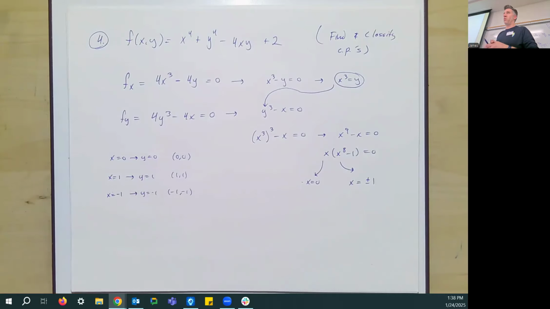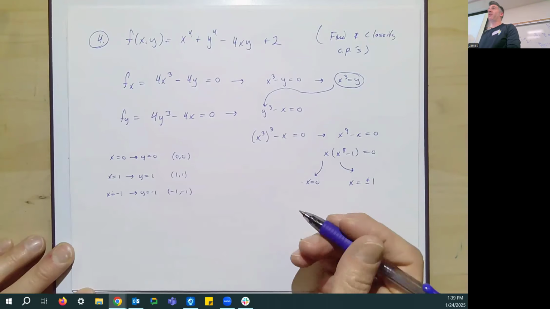When that's true, which you might think is a special case, but it really happens relatively often, it means all of your critical points are either ones where x and y are the same, like all the ones we have here, or if they're different, then the flip also has to be a critical point. So if 2, 8 had been a critical point, 8, 2 would also have to be a critical point. They always come in pairs like that. Just something to be aware of as you move forward in your critical point finding career.